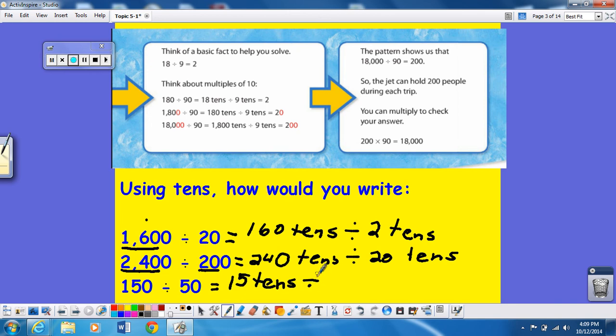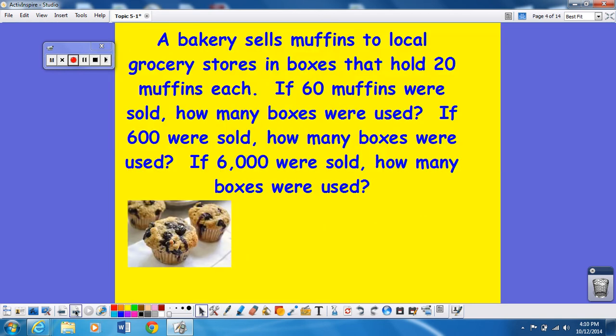Divided by 5 tens. Okay, so that's just another quick way to know how to break these numbers down into tens. When you're looking at multiples of 10, it's always good to know how to divide those down into different multiples of 10. So, let's look at this problem.